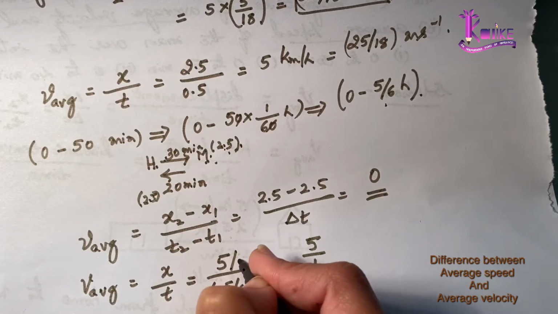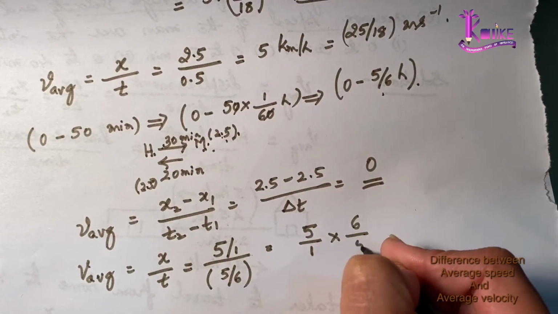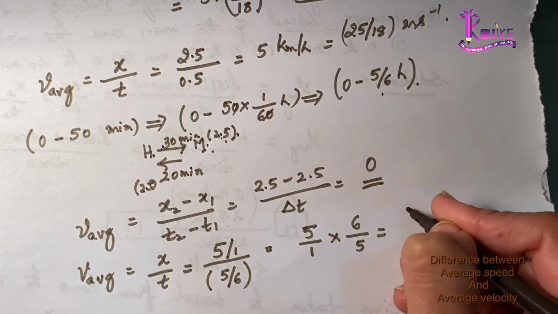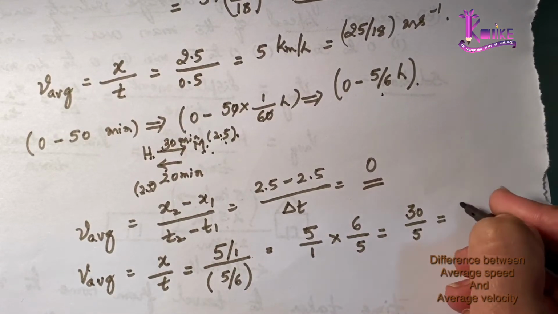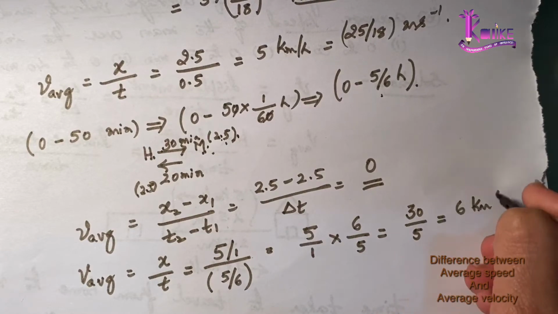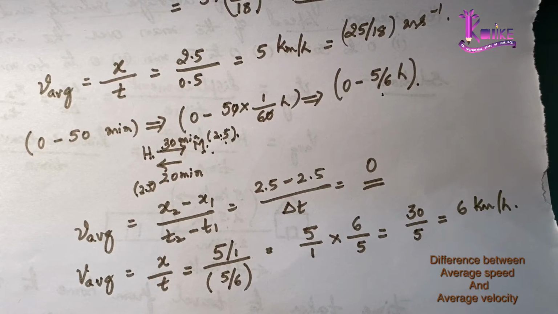If you do not have anything, you can write this as 5 by 1 into 6 divided by 5. Therefore, this will be 30 divided by 5, which is nothing but 6 kilometer per hour. So the average speed in this case will be 6 kilometer per hour.